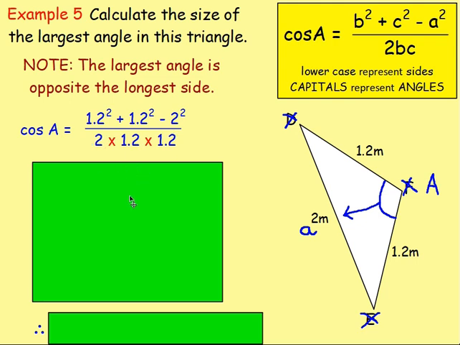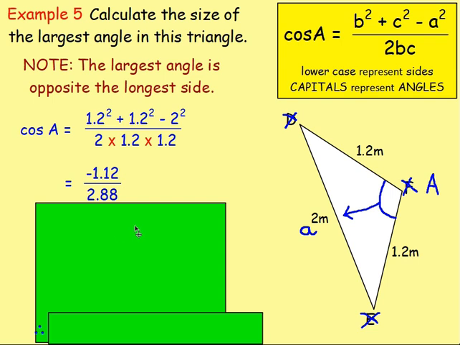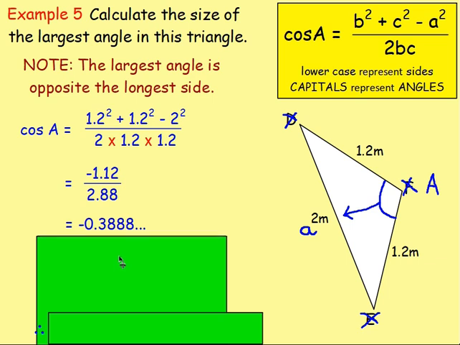And from there, if you work out the top row, you end up with negative 1.12. And if you work out the bottom row on your calculator, 2.88. Good. And from there, if you put that into a decimal, so you divide negative 1.12 by 2.88, you get negative 0.3888. You have a choice.